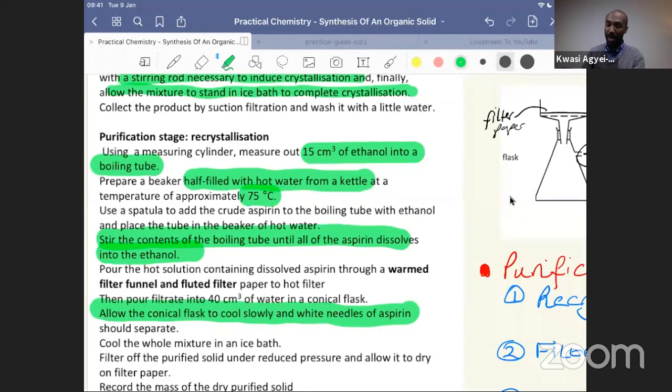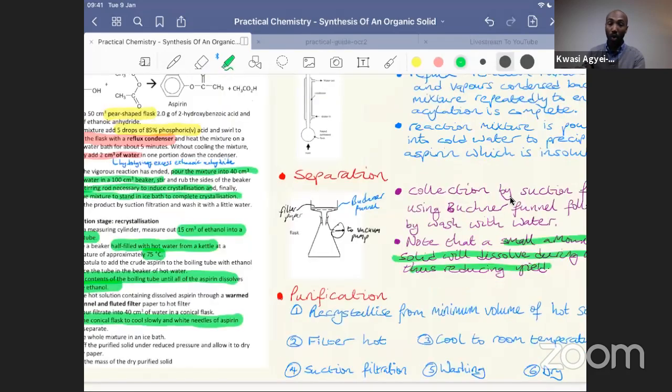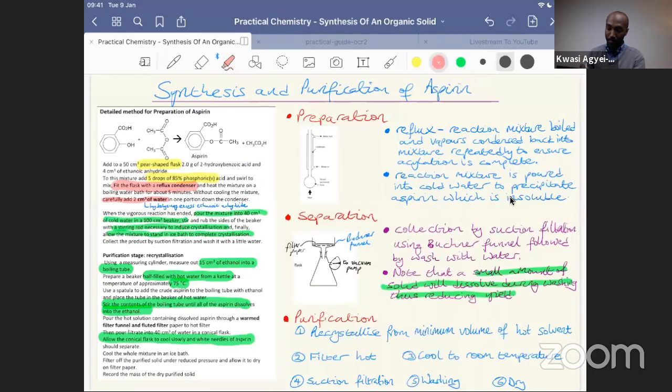Okay, so as far as purification and recrystallization goes, what we want to do is recrystallize from the minimum volume of hot solvent. That is very important. Use the minimum volume of hot solvent. We also then want to filter hot to get rid of any insoluble impurities.